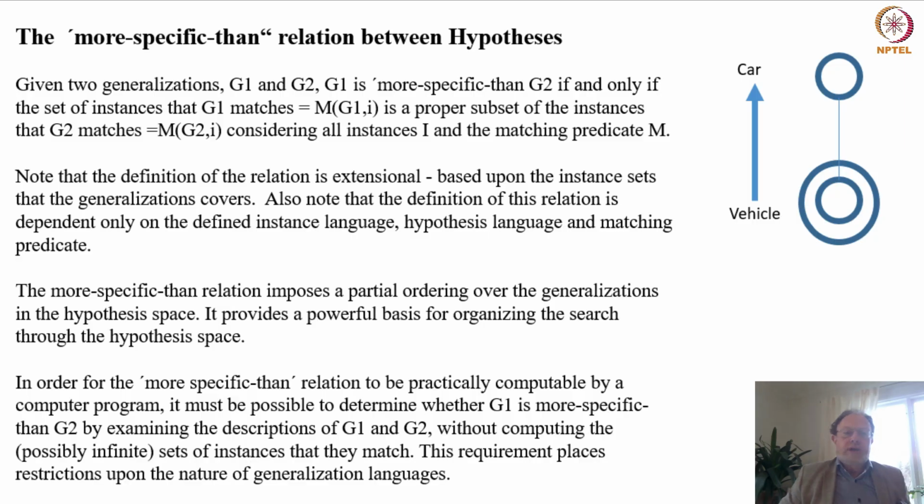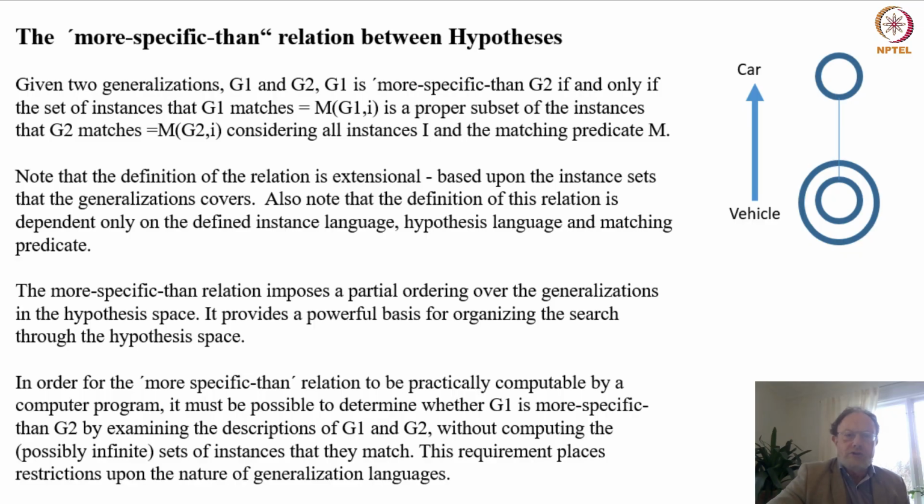With the approach we have taken, the most important choice to make for our language is which relation to use to relate our hypotheses. So our choice here is a "more specific than" relation between hypotheses, and the semantics of this relation is given as follows.